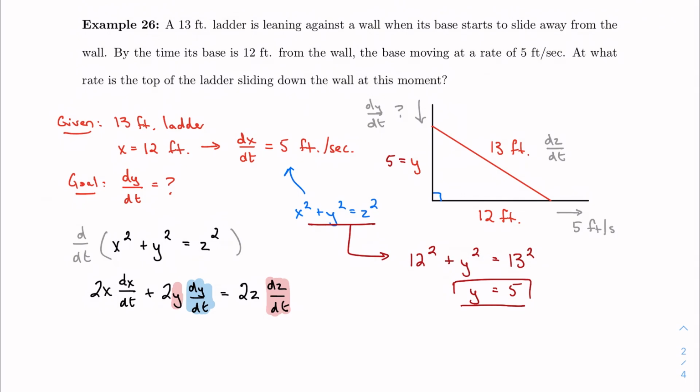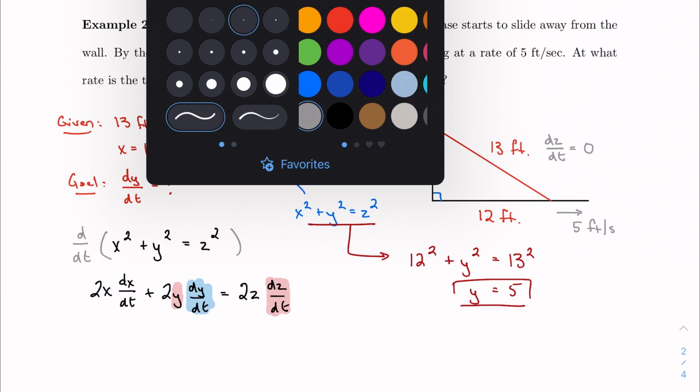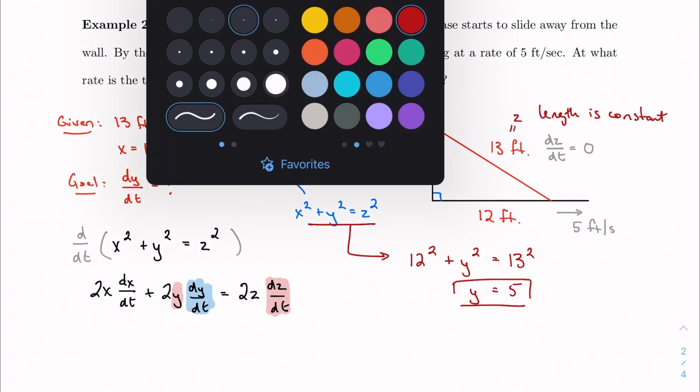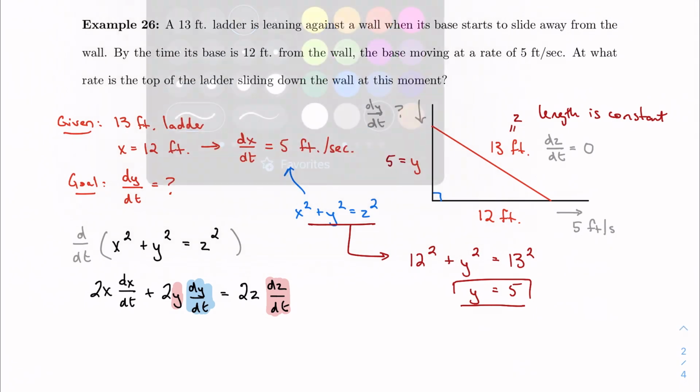So the ladder's length is constant, and the derivative of a constant is 0. No matter what happens, the ladder is still the same length. So the rate of change of the ladder is 0. So at this point, I know all my information, so now I can go ahead and plug stuff in.